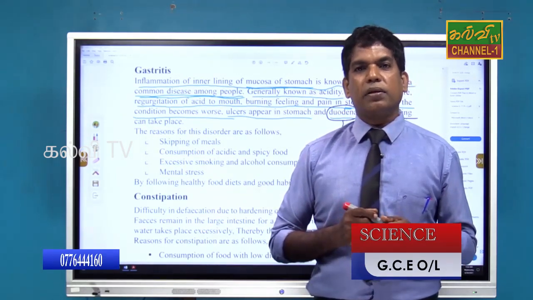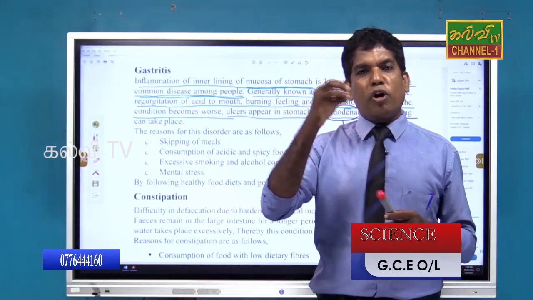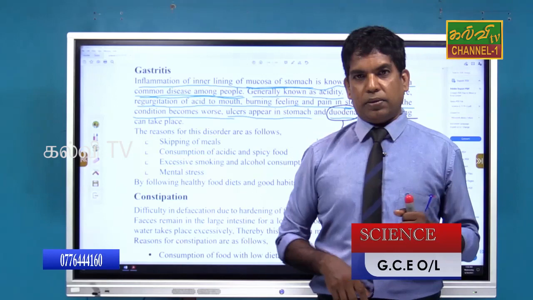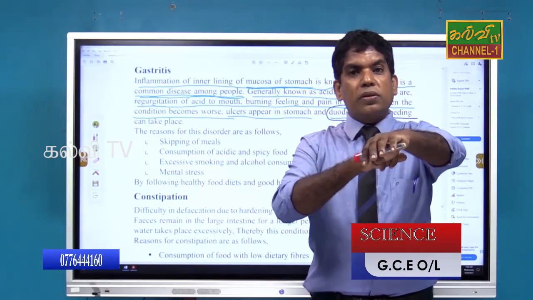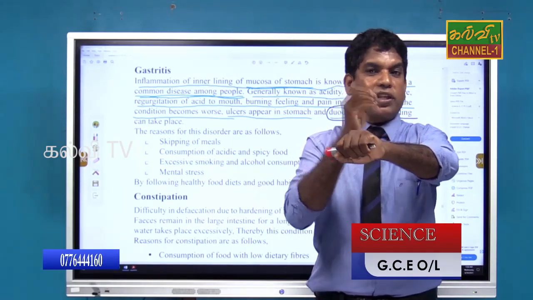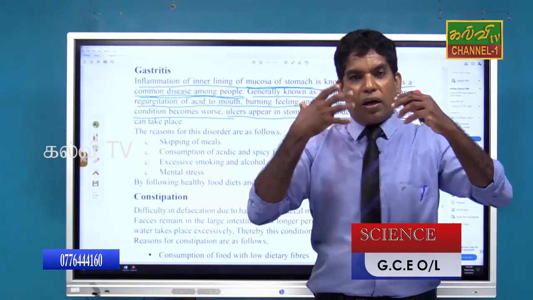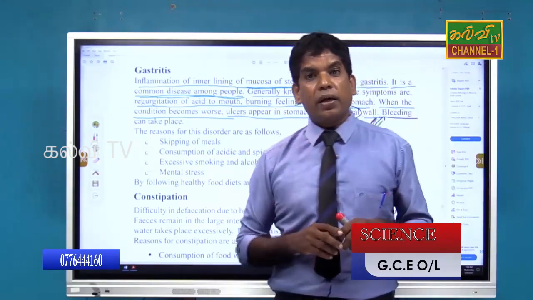With internal bleeding, your hemoglobin is removed from the blood. Hemoglobin is a very important, essential substance to absorb oxygen for producing energy.